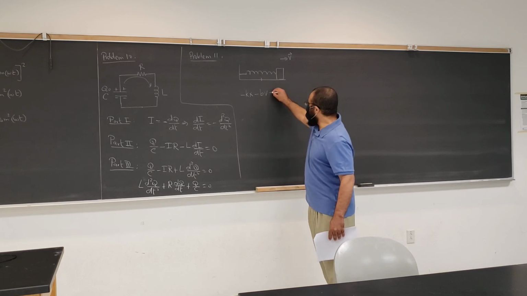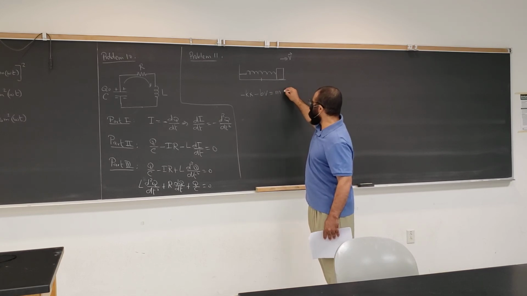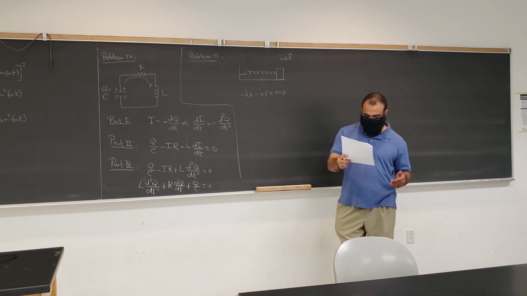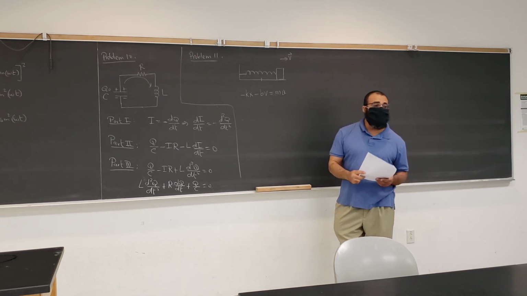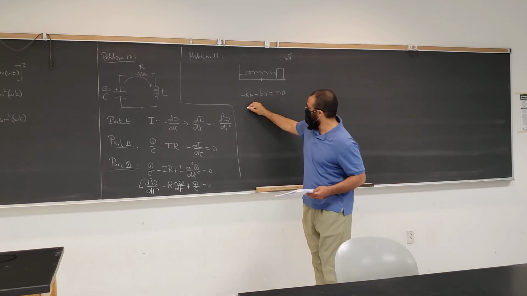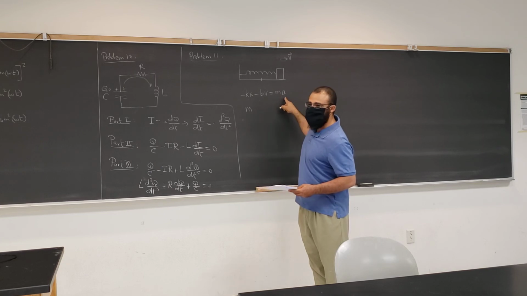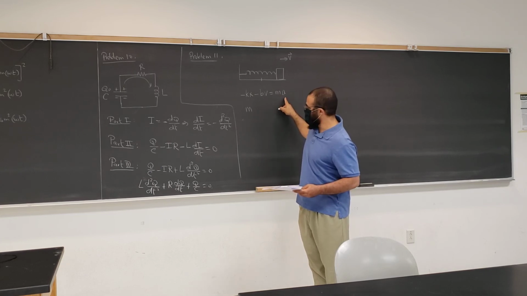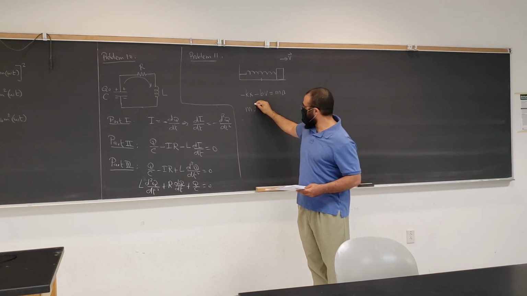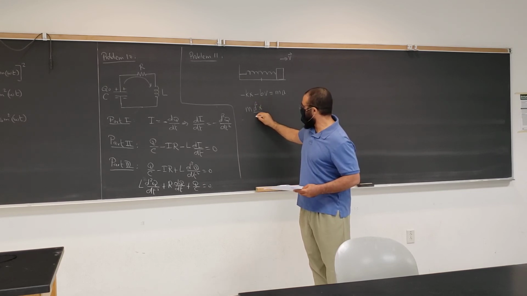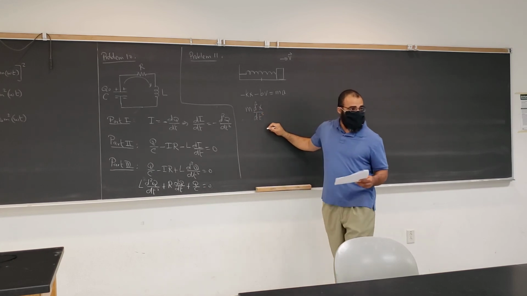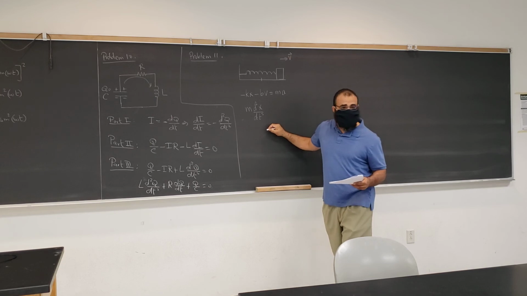And then you got the mass times acceleration, right? The net force equals ma. So if you move everything to one side, mass times acceleration, what's the acceleration in terms of velocity? It's dv/dt, and therefore it's the second derivative of x with respect to time, right? dv/dt, and v is dx/dt.